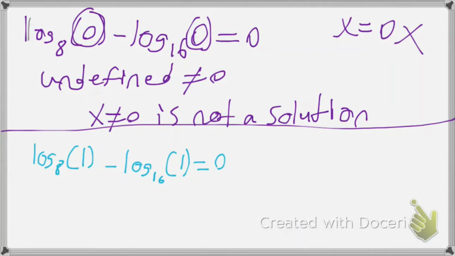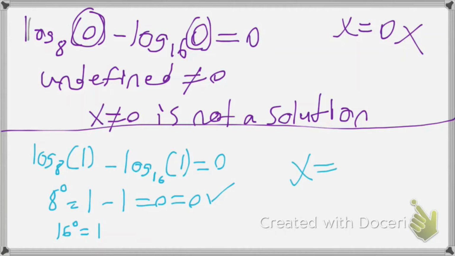When we do this, we do in fact get 0, because it's basically saying 8 to the power of 0 is equal to 1, and 16 to the power of 0 is equal to 1. So 1 minus 1 does equal 0. 0 equals 0, check mark. So x does equal positive 1. That is the only solution to this question.